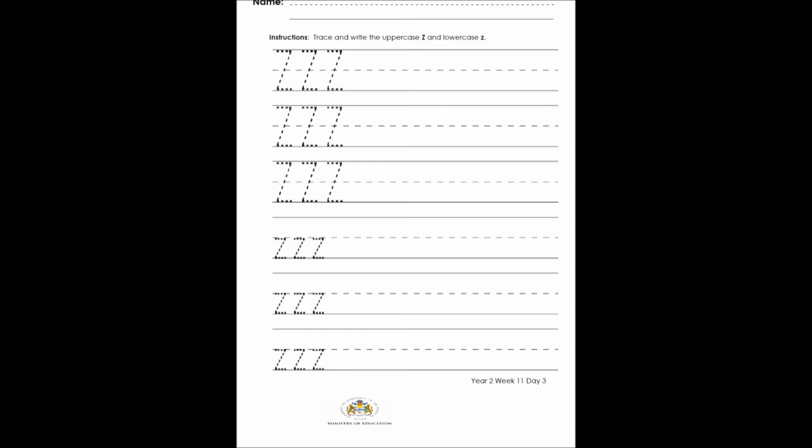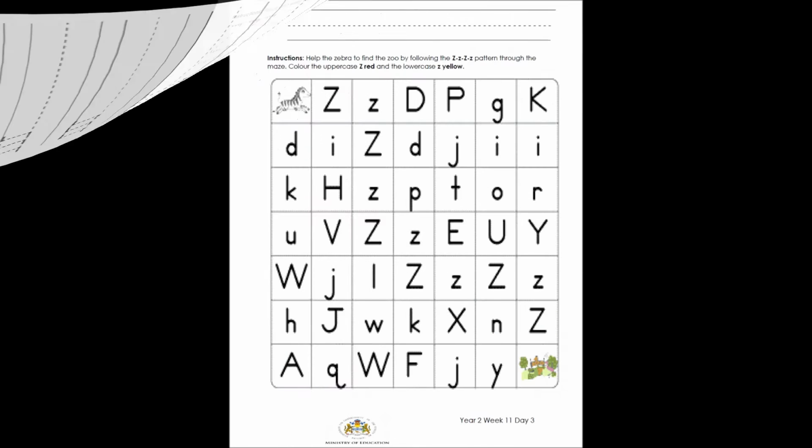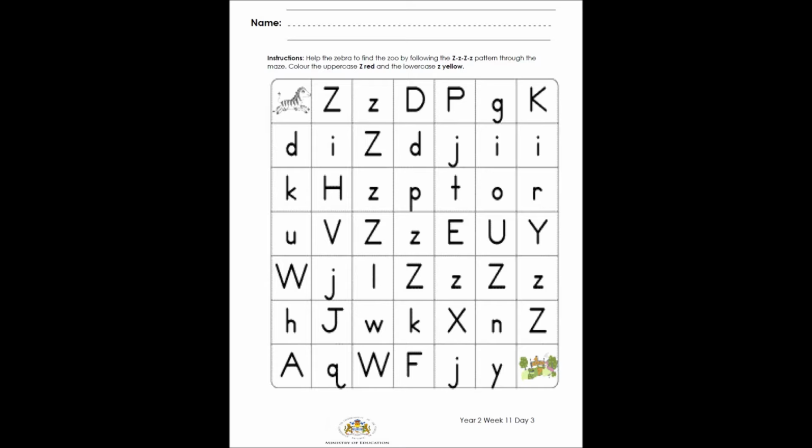Let's read the instructions. It says, help the zebra to find the zoo by following the Z pattern through the maze. Color the uppercase Z red and the lowercase z yellow.